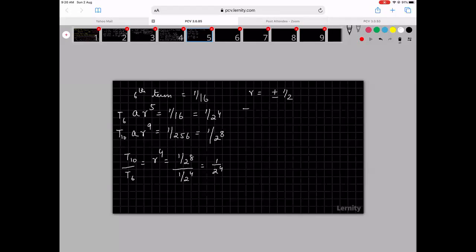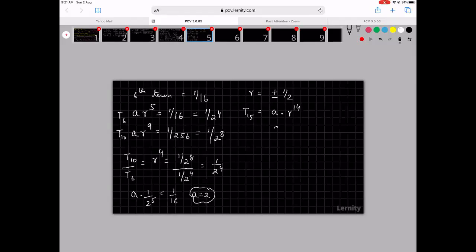Then I asked you for T15. So T15 will become A into R power 14. So now because it is 14, plus minus both will be the same. Okay, it's an even power. So I can now find out that A, that is A into 1 by 2 power 5 is equal to 1 by 16. So when I simplify this, I will get A is equal to 2.